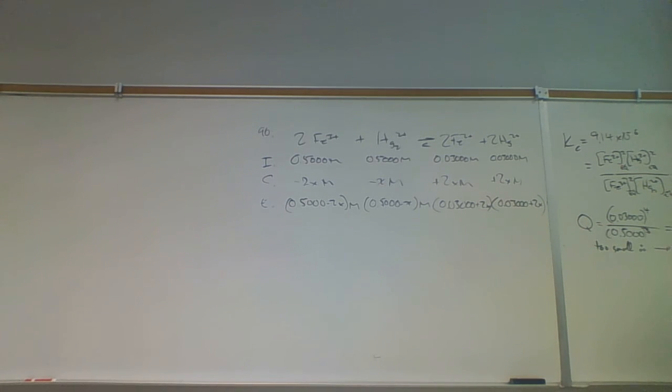All right, let me erase this here. Now let's solve for K. Oh, actually, we don't have to solve for K. We have it here. We have to solve for x. Well, let's solve for x. 0.03 thousand plus 2x, to the fourth, divided by 0.5 thousand minus 2x, squared, and 0.5 thousand minus x, to the first.